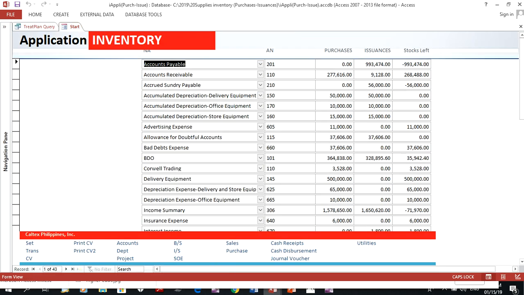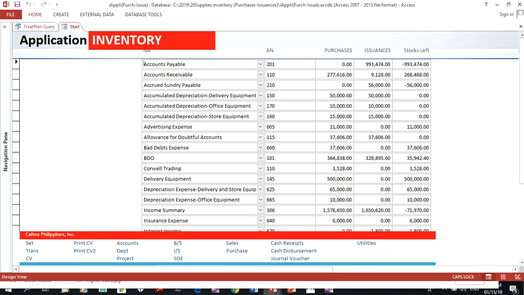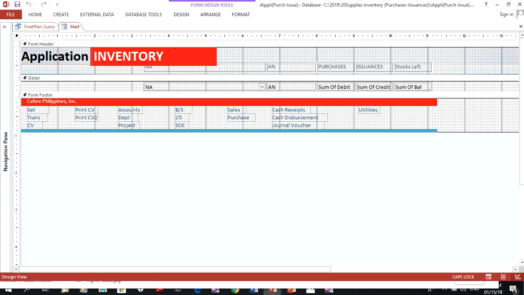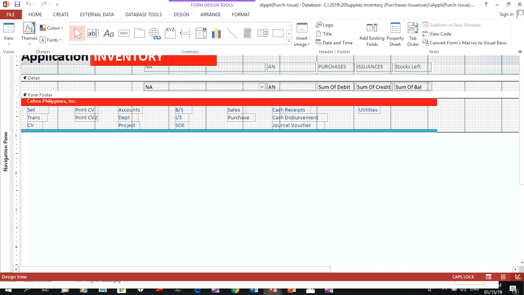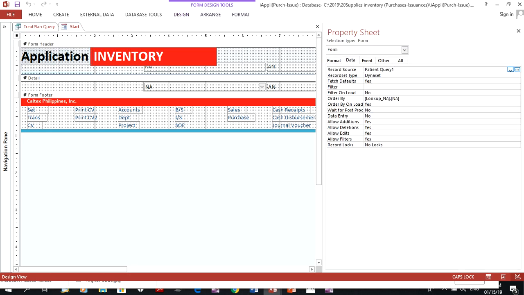Particularly what we're after is how this was made out of MS Access. How was this made? This is the pop-up file from their menu. If you go to the property sheet, you would know that the file comes from the patient query file.